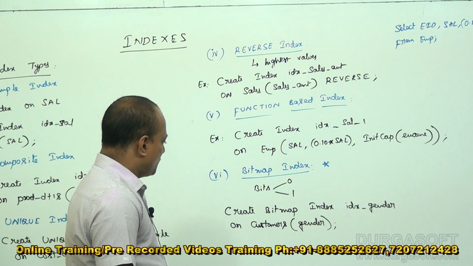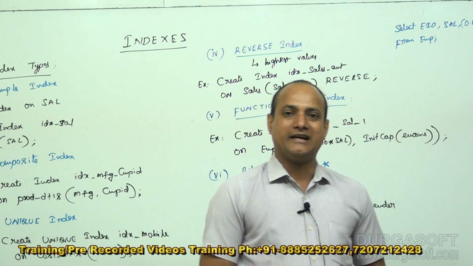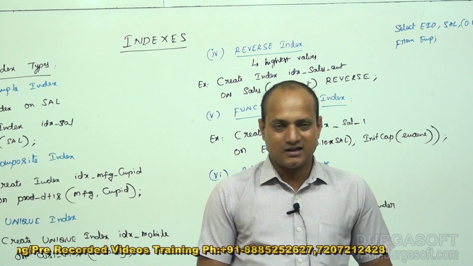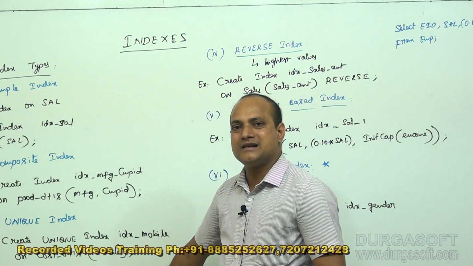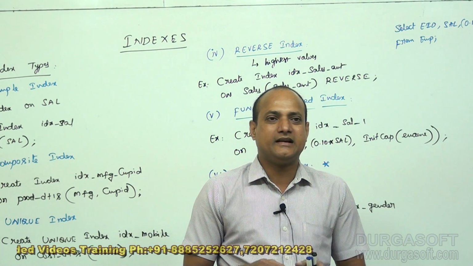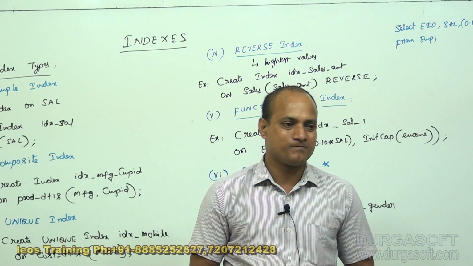And what is a B-tree index? If anybody asks you, what is a B-tree index? There is no separate B-tree index. Generally, all indexes are created based on the B-tree concept only. Internally, index searching is done based on the tree concept.